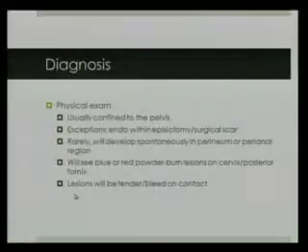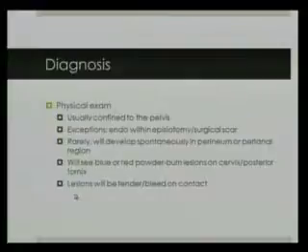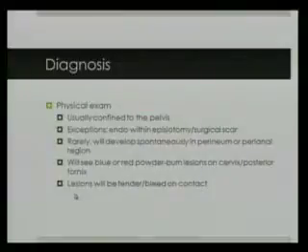So we'll talk about diagnosis. The physical exam is one of the first things that we all do. Usually the disease is confined to the pelvis in most cases, and so we look for something to trigger findings. The exceptions are if you see endometriosis within your episiotomy or your surgical scar, which is obviously not in the pelvis.